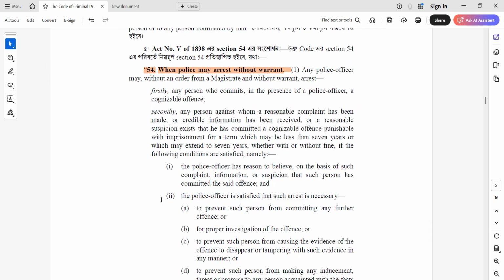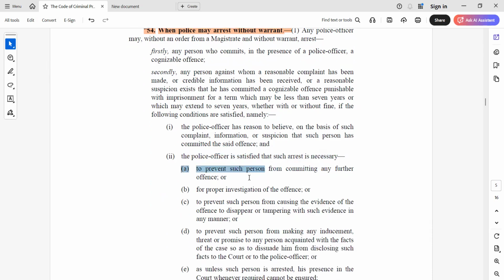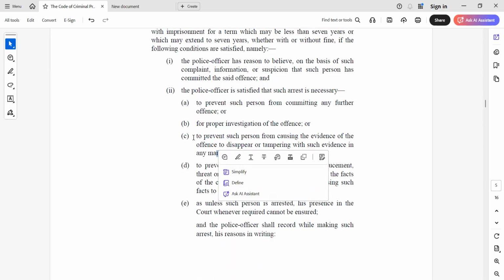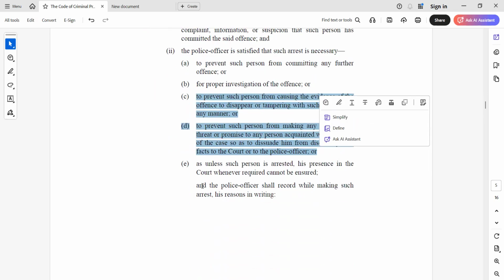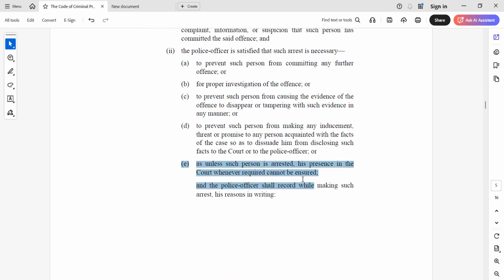And point number two, the police officer is satisfied that such arrest is necessary: A, to prevent such person from committing any further offense; B, for proper investigation of the offense; or C, to prevent such person from causing the evidence of the offense to disappear or tampering with such evidence in any manner; or D, to prevent such person from making any inducement, threat, or promise to any person acquainted with the facts of the case so as to dissuade him from disclosing such facts to the court or the police officer; or E, unless such person is arrested, his presence in the court whenever required cannot be ensured.